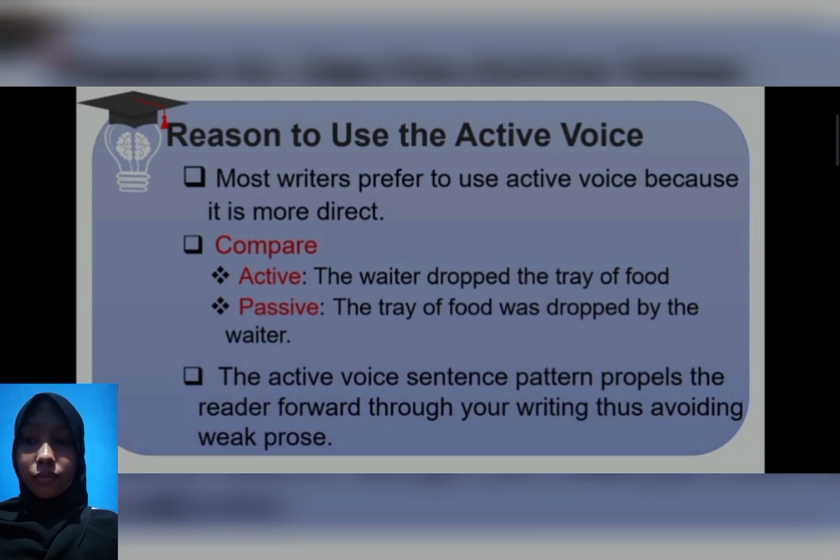And the passive: The tray of wood was dropped by the waiter. The active voice sentence pattern propels the reader forward through your writing, thus avoiding weak prose.